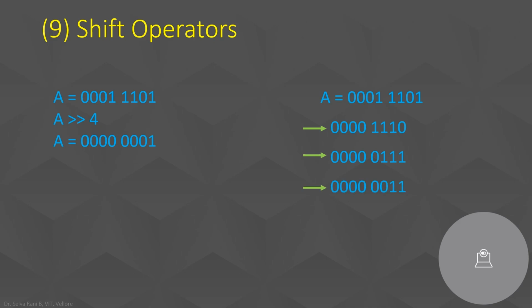Here, a 1 on the rightmost bit will be gone, and a newly padded 0 on the leftmost side. And finally, one more 1 is dropped off on the rightmost side, and we have 00000001 as output.